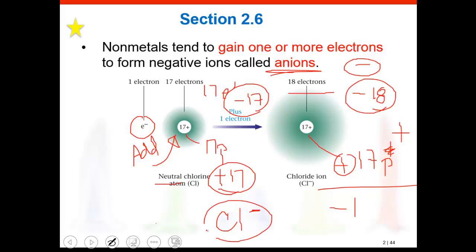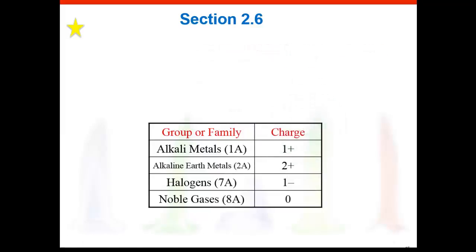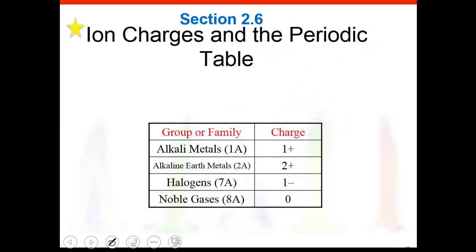And it can be written like this, or it can be written as chlorine -1. The -1 is saying we have an extra negative thing around, because each electron has a negative charge. And that's why when you're an anion, you're gaining extra electrons, extra negative things, and it makes your charge more negative.